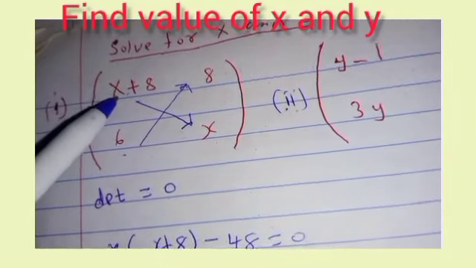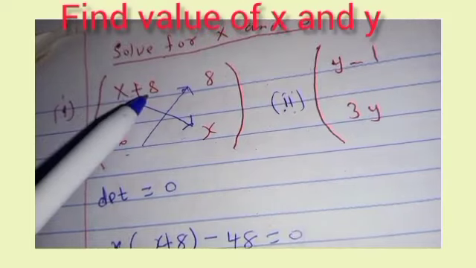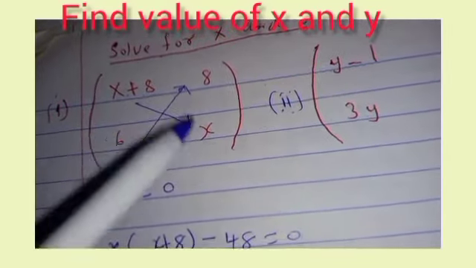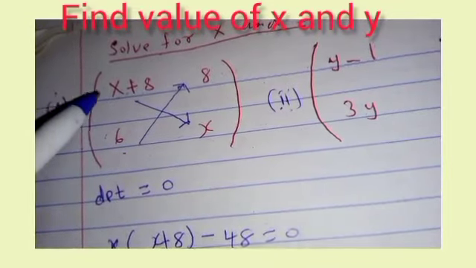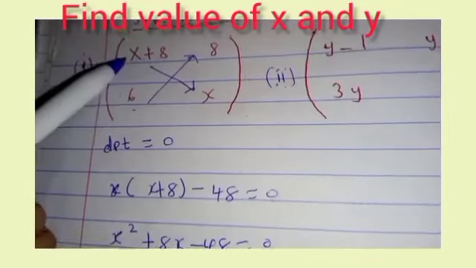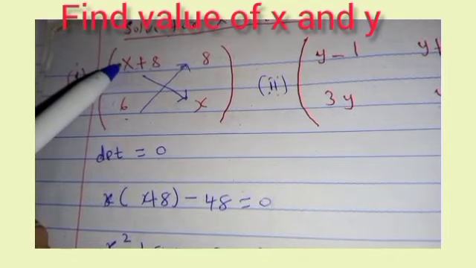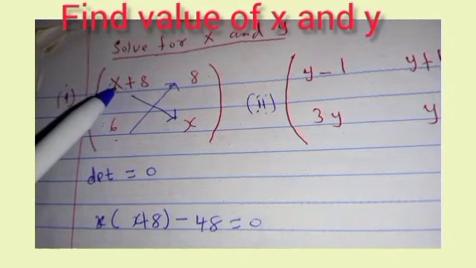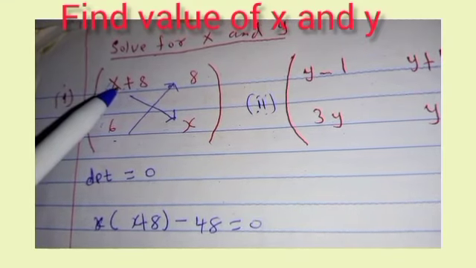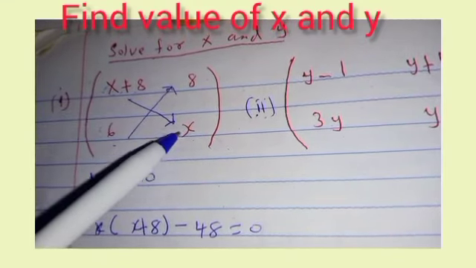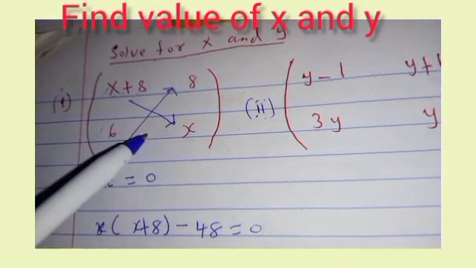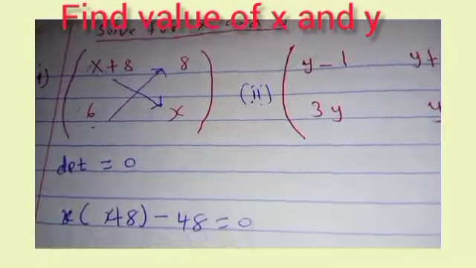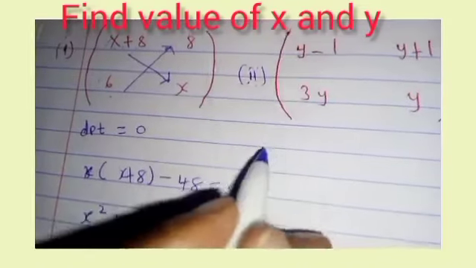Because when you have 4 here, this will be 12. 12 times 4 will be 48. 48 minus 48 will be 0. Or when x is negative 12, here we are going to get negative 4. Negative 4 multiplied by negative 12 will give you 48. 48 minus 48 will give you 0. So either way, the matrix becomes singular.